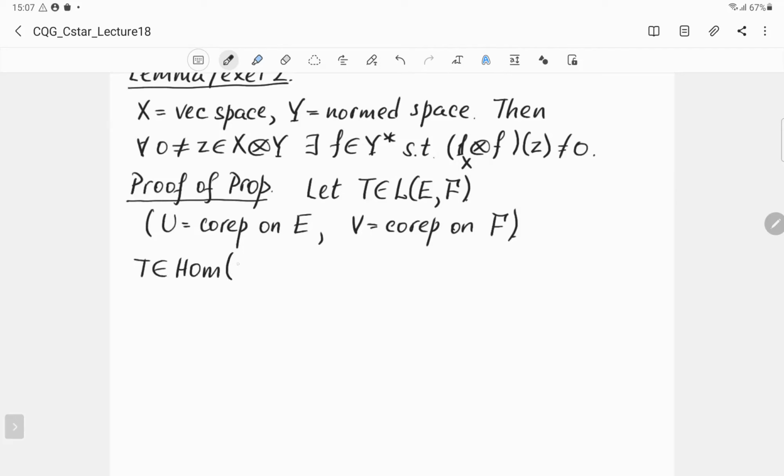So let's recall the definition of a morphism between co-representations. Actually, we have seen there are several equivalent definitions for morphisms of co-representations.